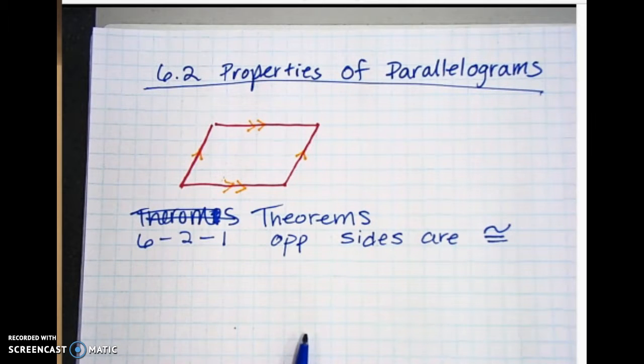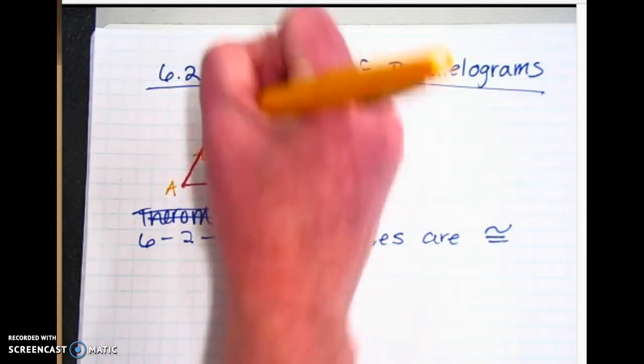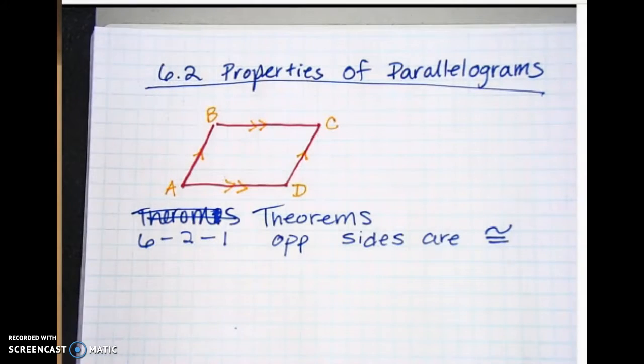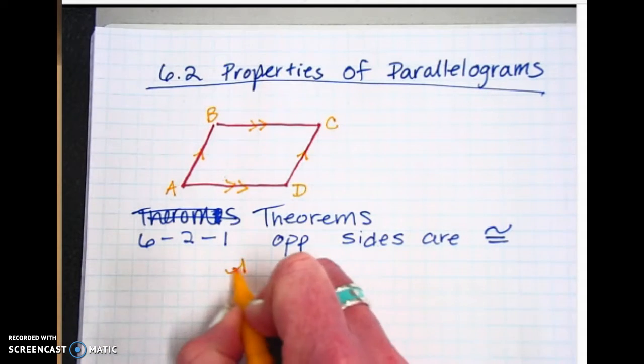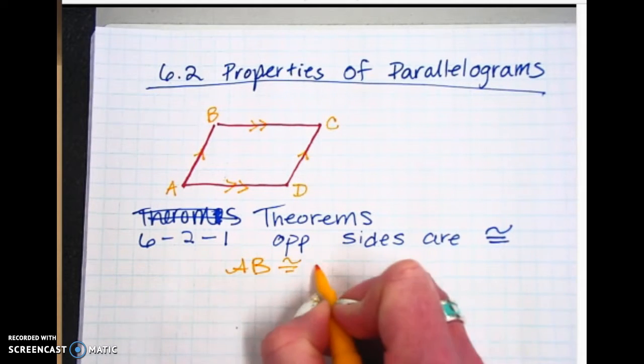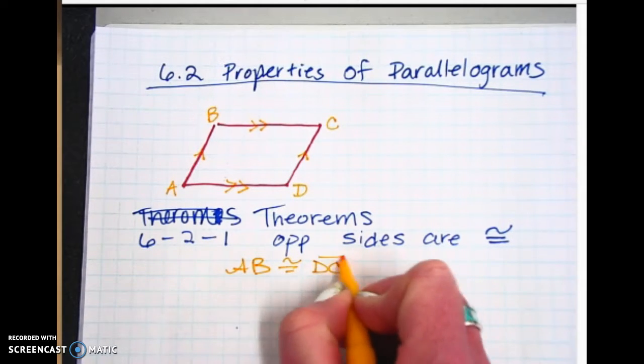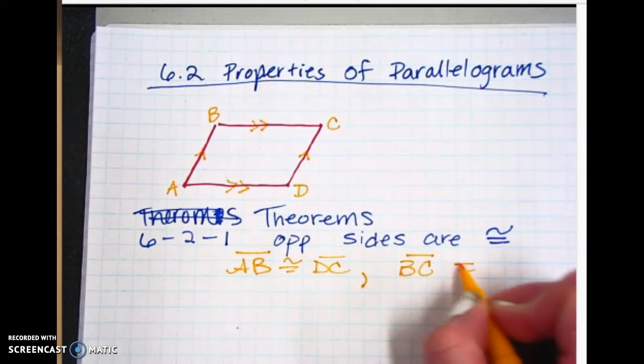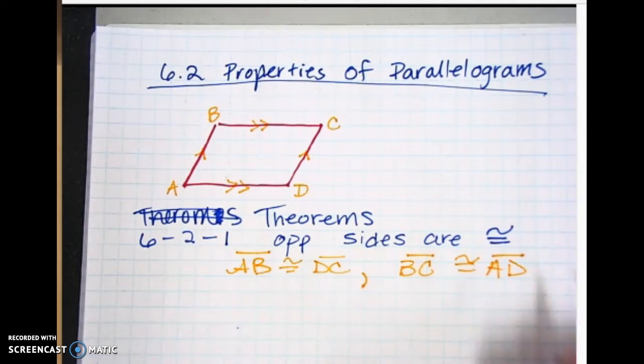So if we were to label this particular parallelogram A, B, C, D, just to keep it easy, we'll say that AB is congruent to DC and BC is congruent to AD. And that's your first theorem. Not only are they parallel, they're also congruent.